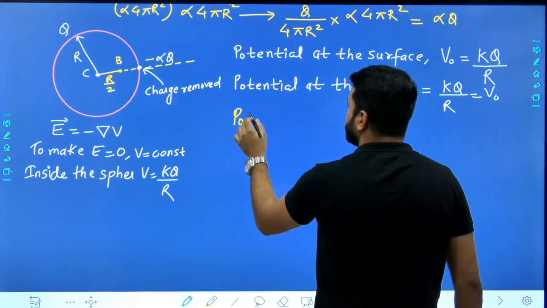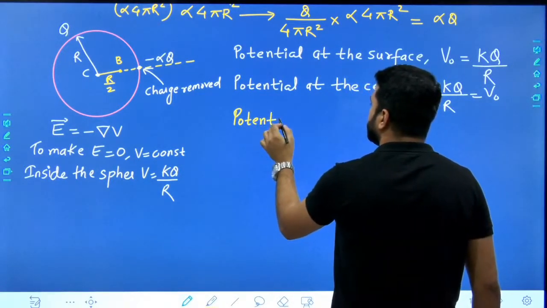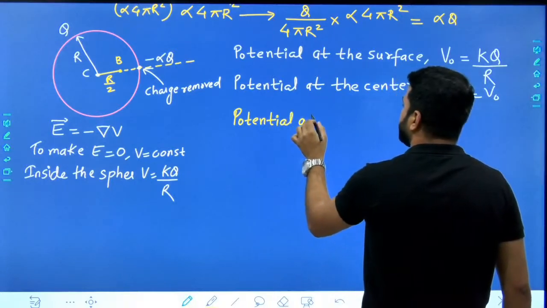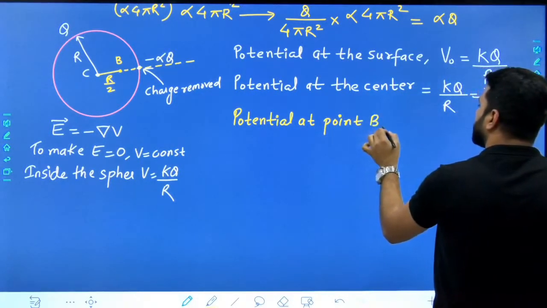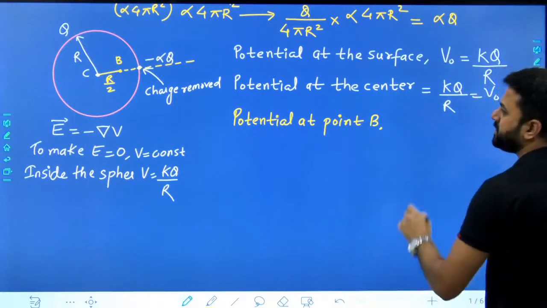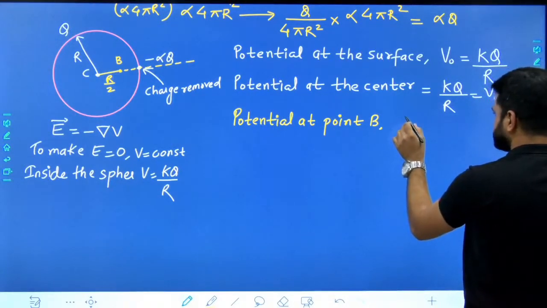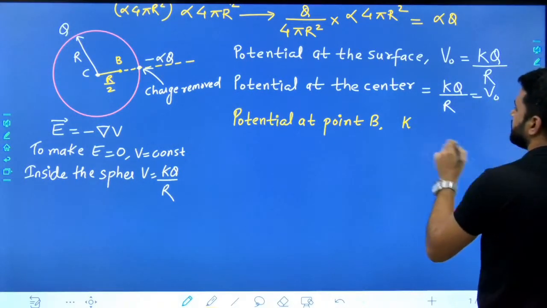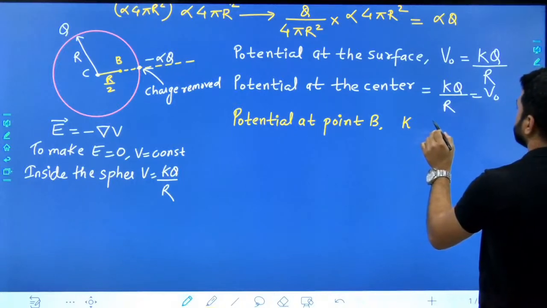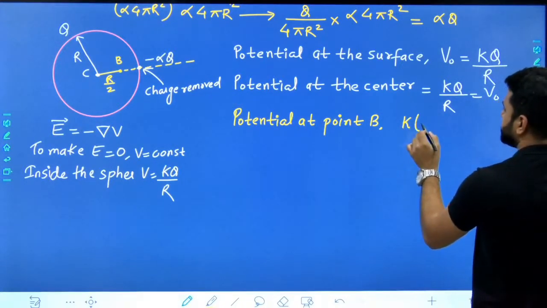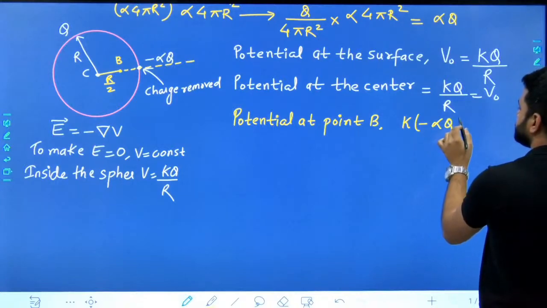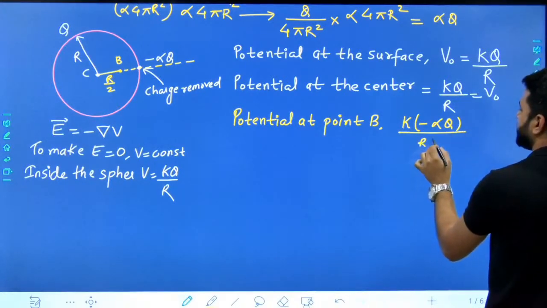Let's find the potential at point B. Potential at point B will be K, the charge is minus alpha Q, divided by R by 2.